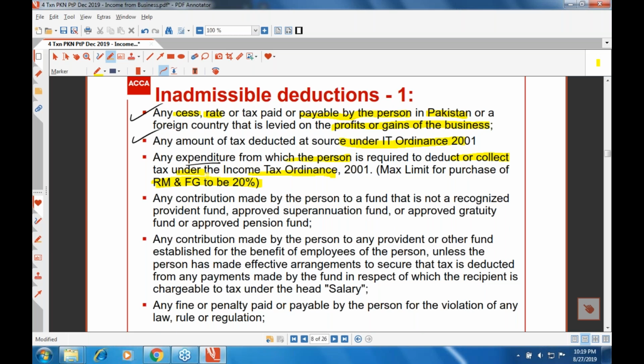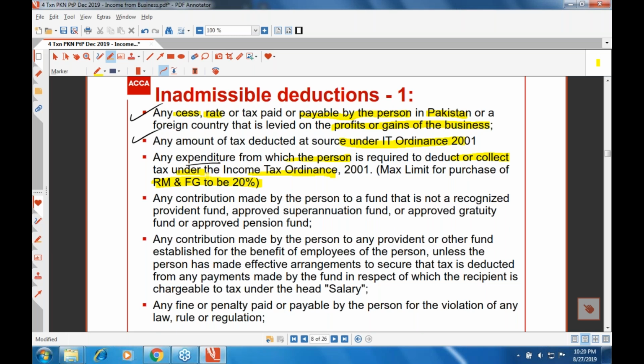The tax which is withheld is called withholding tax. Now, there are certain incomes, certain payments on which it is prescribed that the tax needs to be withheld.